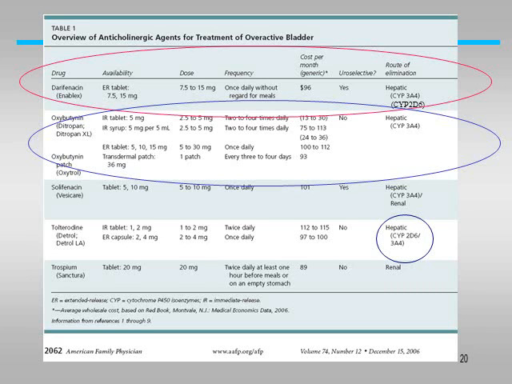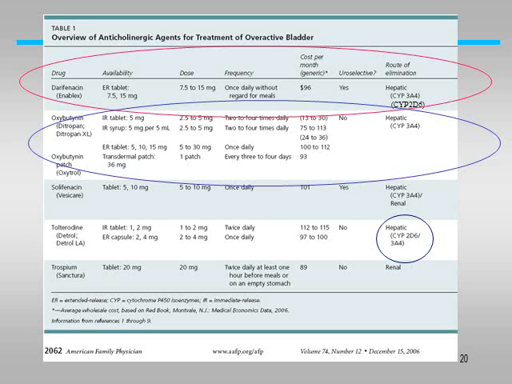We have immediate release tablets, which need to be taken several times a day. We have immediate release syrups, which need to be taken 2 to 4 times a day. We have an extended release tablet, which can be taken once daily. We have a transdermal patch formulation that allows the patient to just change patches every 3 to 4 days.